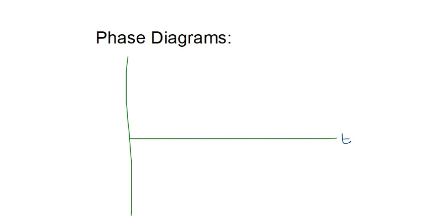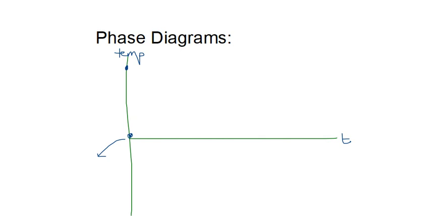So just a bit more on phase diagrams. This is going to be time, this is going to be the temperature. So you have a calorimeter, for example, with two substances.